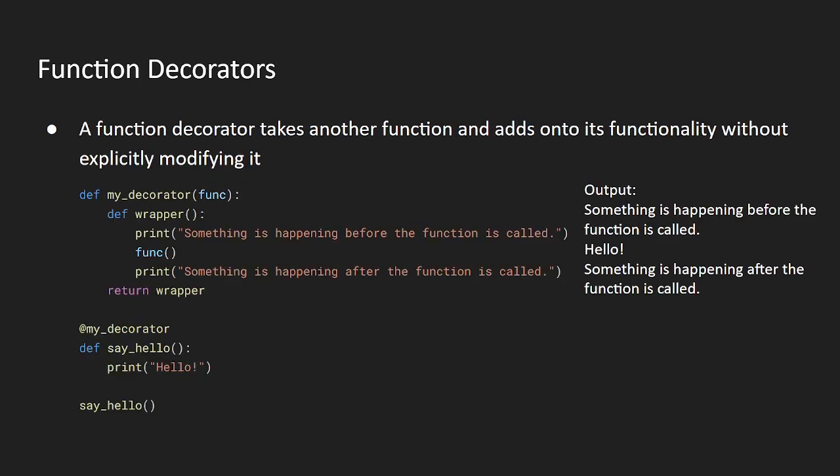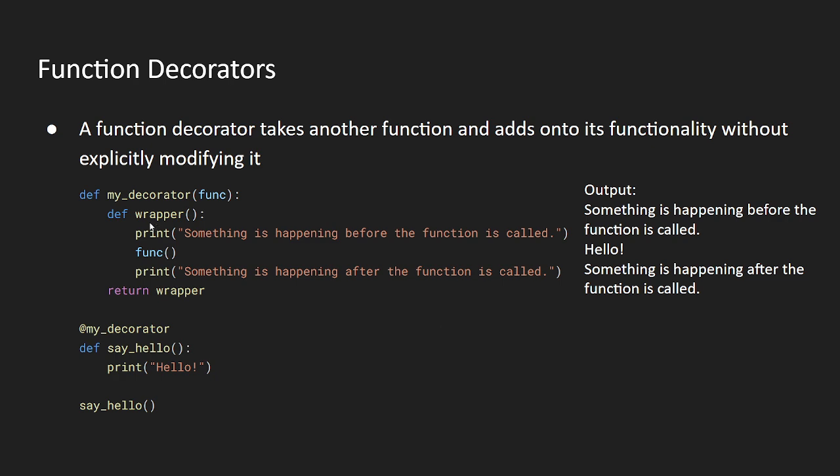A function decorator is something we really don't have to worry about that much, but it takes another function and adds onto its functionality without explicitly modifying it. So we have a function, my decorator func, and this is the wrapper of the function. You print something is happening before the function is called, then call the function, and then print something is happening after.